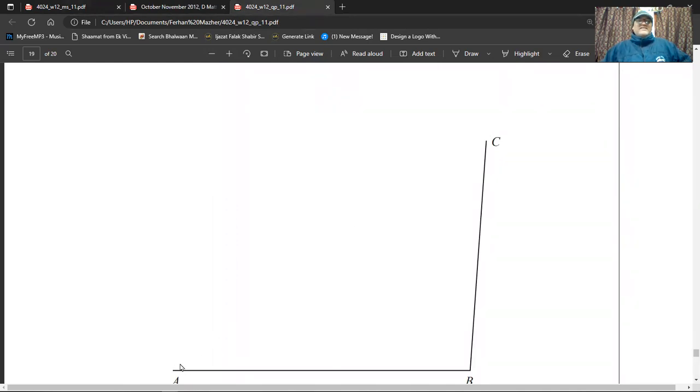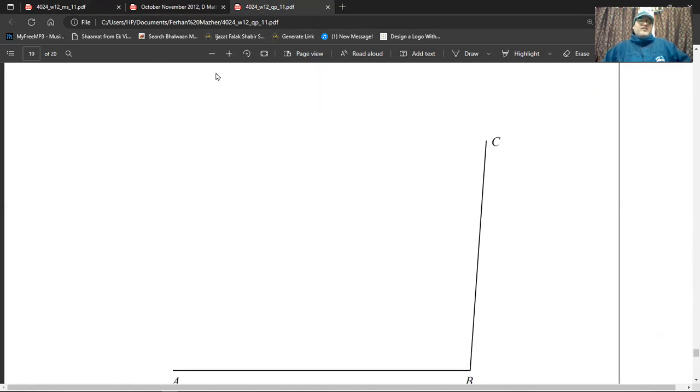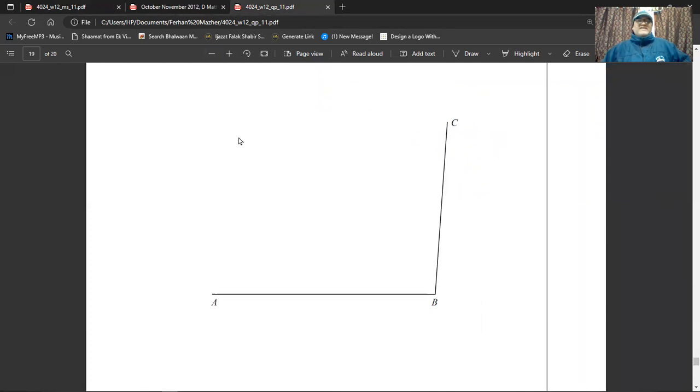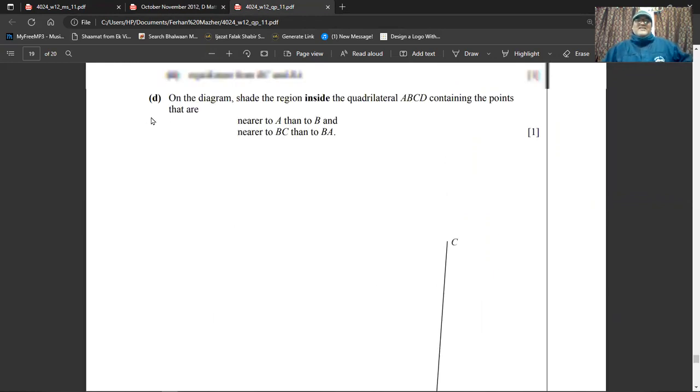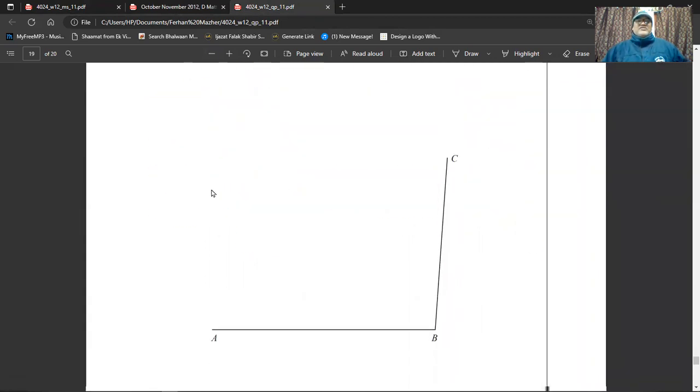This is the line AC. So wherever B is, the D is opposite. So D is somewhere here. This is the AC, and the B is here. So wherever is the BC, the D is opposite to that. Okay, I got it. So the AD is 10 centimeter.